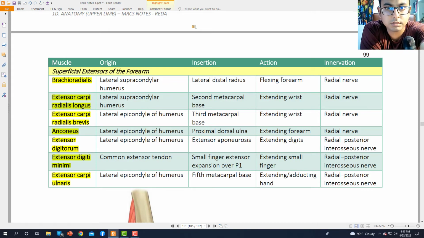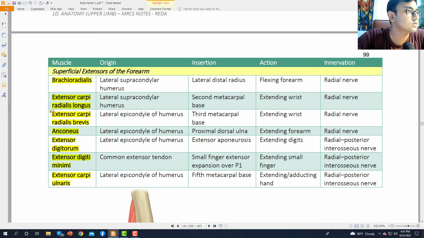Then extensor carpi radialis longus and brevis, then anconeus, then extensor digitorum muscle, then extensor digiti minimi, a small muscle but it gives supply to the digit, and the extensor carpi ulnaris, the ulnar muscle.